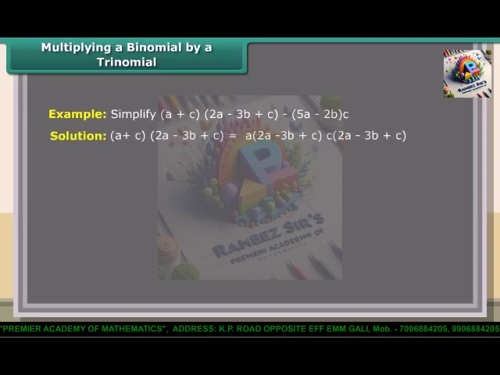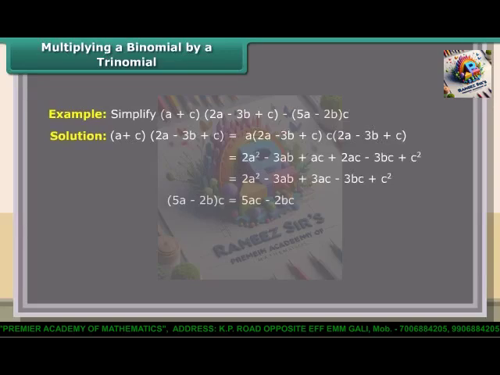Solution: (a plus c) into (2a minus 3b plus c) is equal to a into (2a minus 3b plus c) plus c into (2a minus 3b plus c) is equal to 2a square minus 3ab plus ac plus 2ac minus 3bc plus c square, which equals 2a square minus 3ab plus 3ac minus 3bc plus c square.